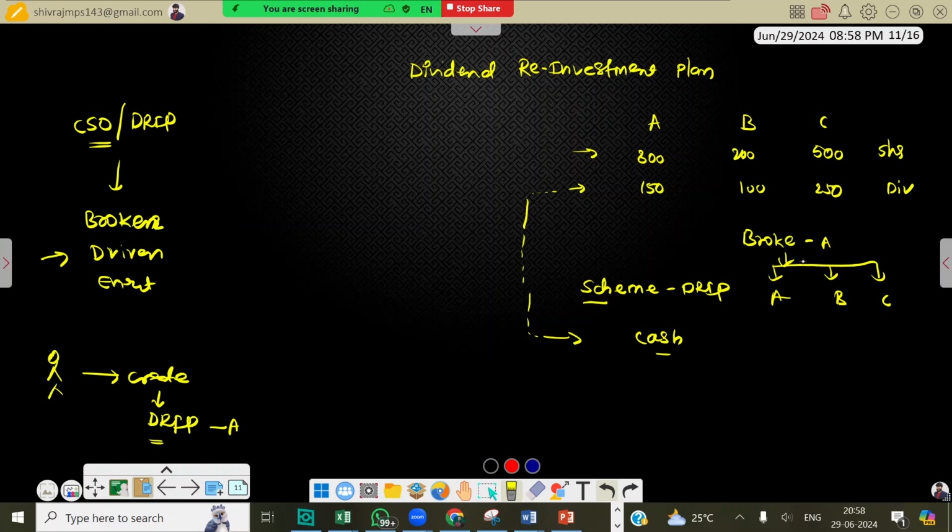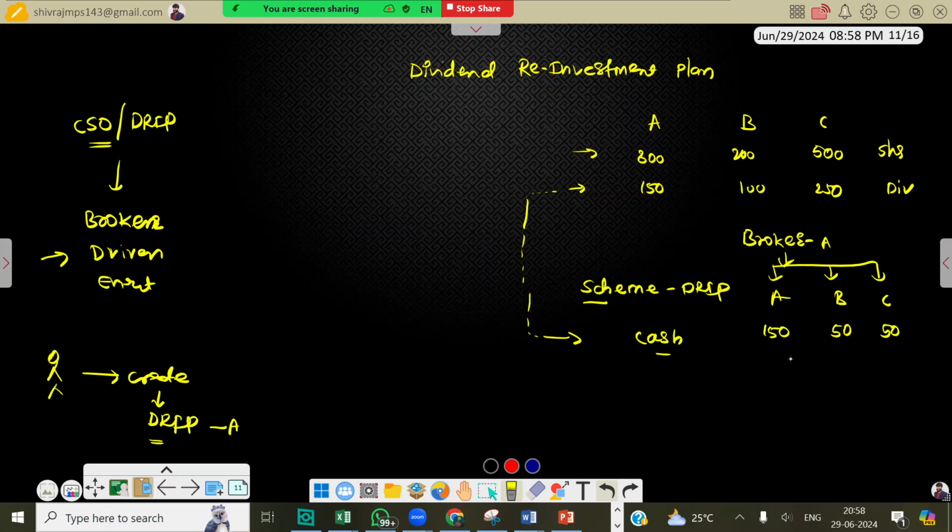The broker manages that event, and let's say A decided to contribute 150 rupees for reinvestment. Let's say B decided to invest only 50 rupees, not the full amount, and C decided to invest only 50.